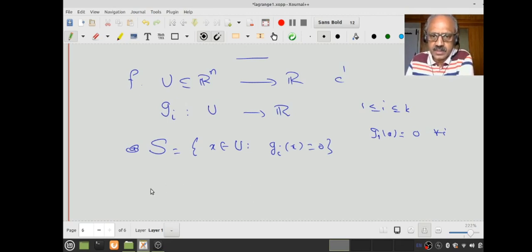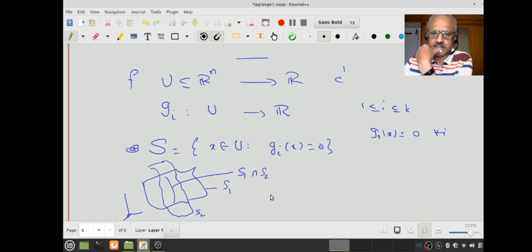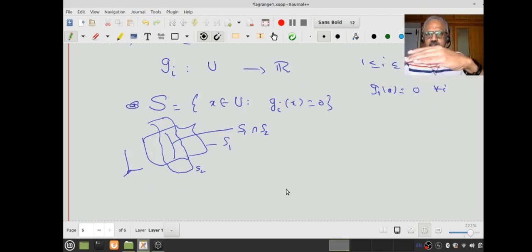You understand this? This is a three-dimensional space. The first constraint may be S1, then the second constraint will be S2, and this is S1 intersection S2, where g1 and g2 are like that. Think of this as something intersecting on that.